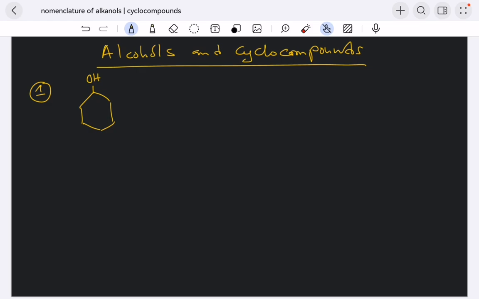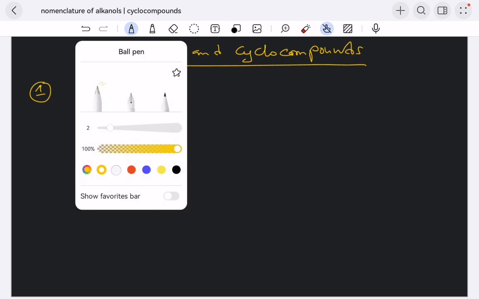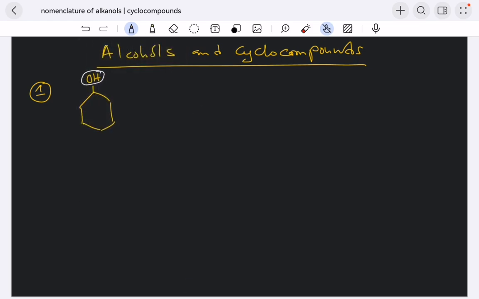So when we are counting, we start counting from where the functional group is. And in this case, our functional group is hydroxyl. So it's 1, 2, 3, 4, 5, 6. So this will be called 1 cyclohexanol.